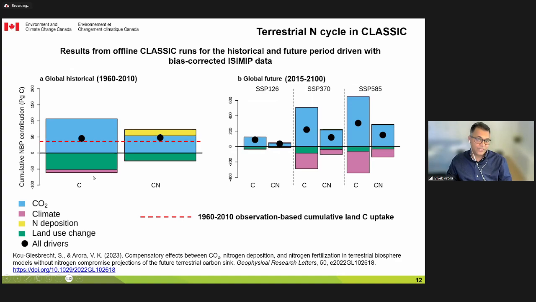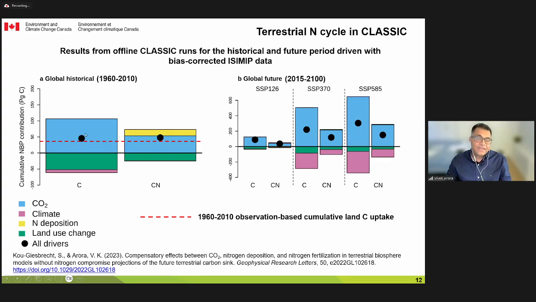One example is a study that we did offline over the historical period. You can see the effect of CO2 in blue here. To get the right estimate, the black dot, you need the effect of all the drivers: CO2, climate, nitrogen deposition, and land use change. This compares really well with the observation-based estimate, the red dotted line of cumulative carbon uptake over the historical period.